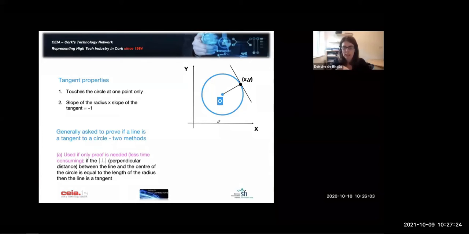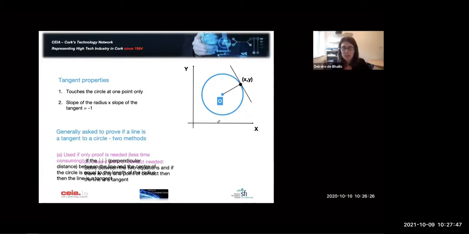You can determine the radius of the circle, and then find the perpendicular distance between the line and the center of the circle. If that's equal to the length of the radius, then the line is a tangent, and you have proved that it is. You do not need to progress to find the point of contact.